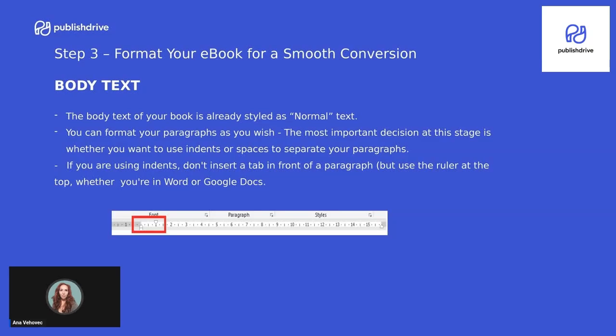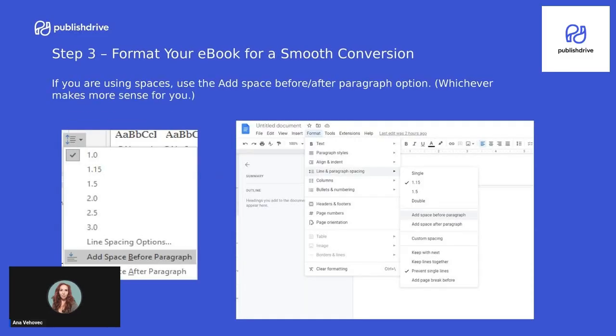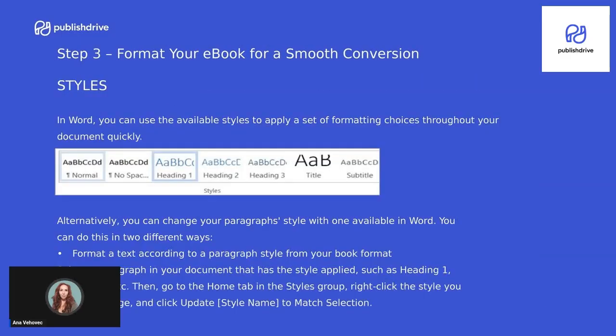If you're using spaces, use the add space before and after paragraph option. Whichever looks prettier for you, whichever you prefer. There are options for that in both Word and Google Docs, depending on what you're going to be using for your documents.